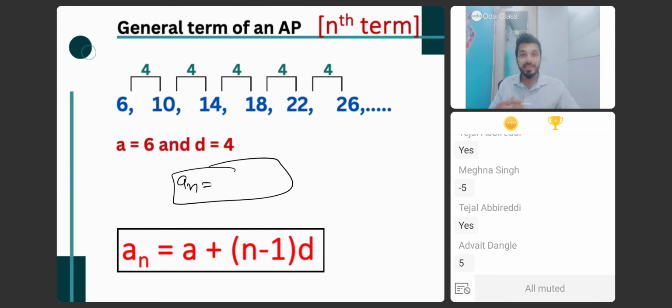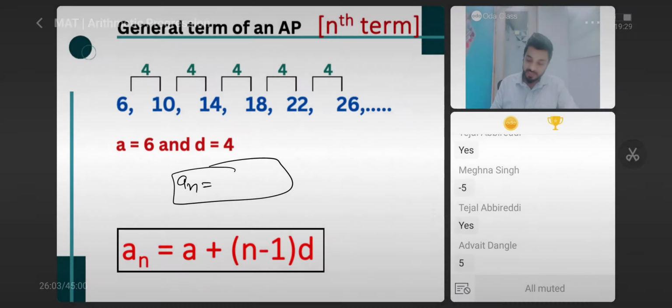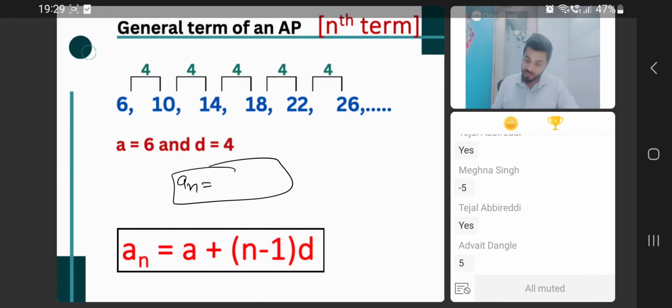If you have the general term for any arithmetic progression, for example, let me just write down the general term of this, and then I will explain why it is important and why it becomes easy to solve questions by using this formula.